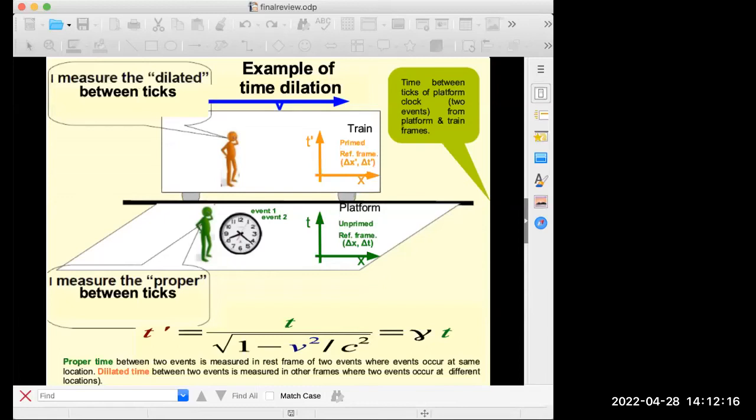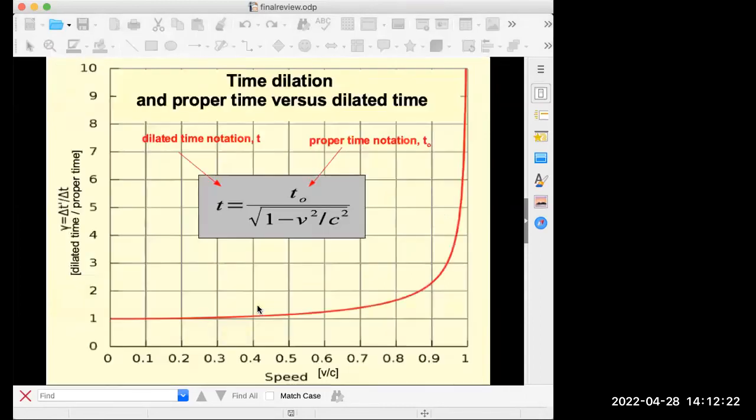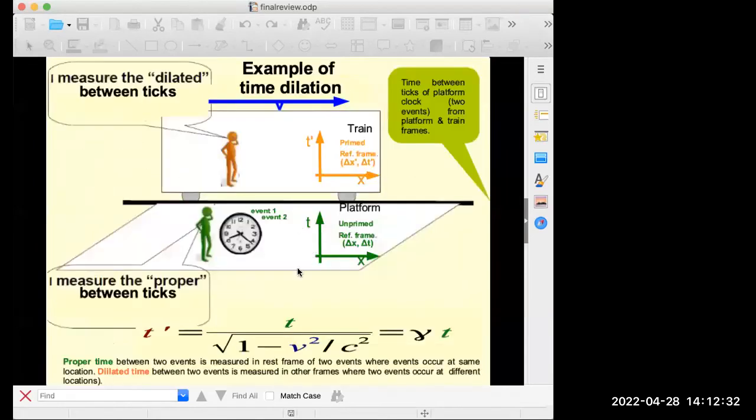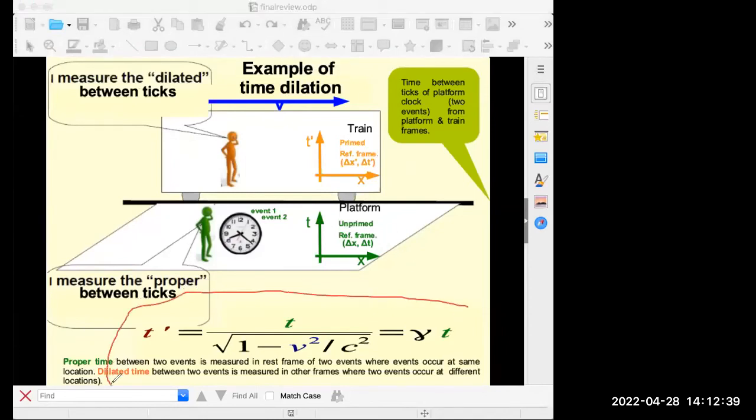The relationship between the proper time and the dilated time is given by this little equation downstairs here that I just jumped over. This equation is the equation describing time dilation.